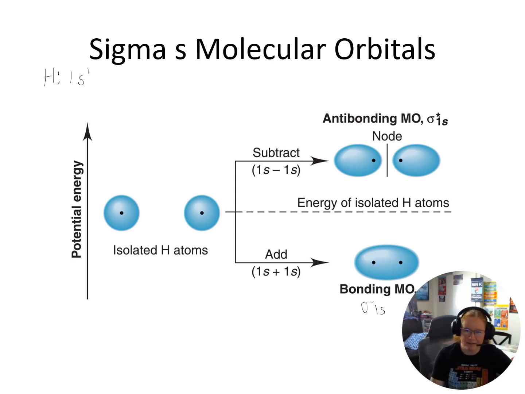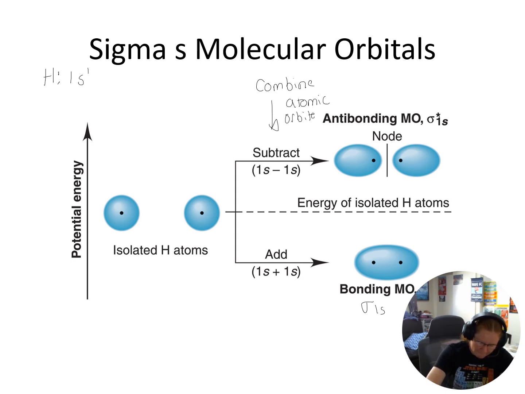Anytime we have antibonding, we have that star attached to it. And so here we get this combination. We combine our atomic orbitals and we get the subtraction to give us our antibonding or our sigma stars, and we get an addition to give us our bonding or just our sigma.